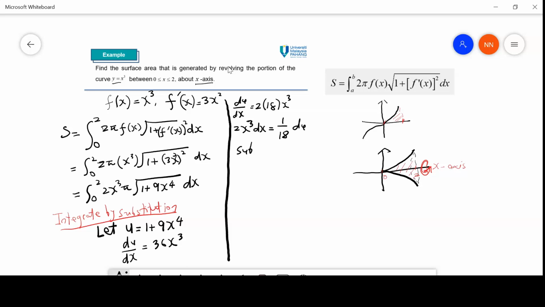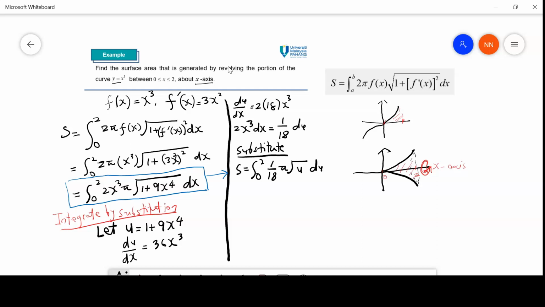Now I substitute back. So S equals the integral from 0 to 2. Okay, so you refer to this integration here. So I have 2x cubed dx, and 2x cubed dx gives me 1 over 18 du, and then I have pi here, and then square root u here.